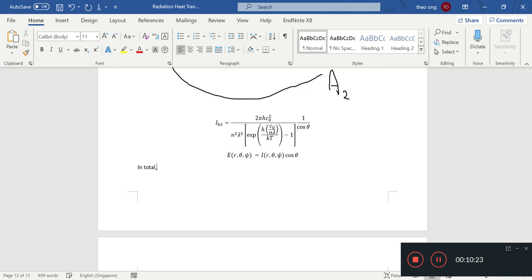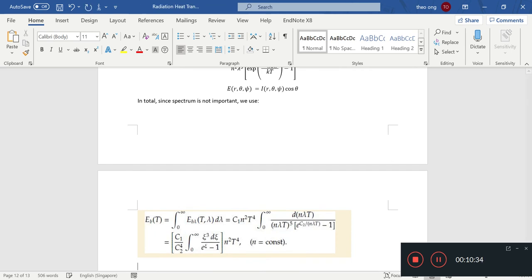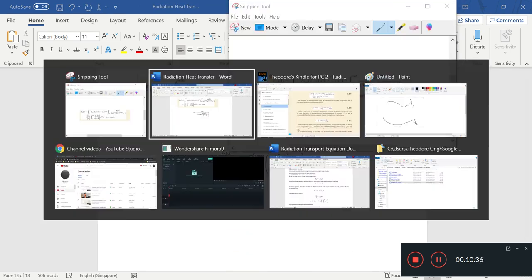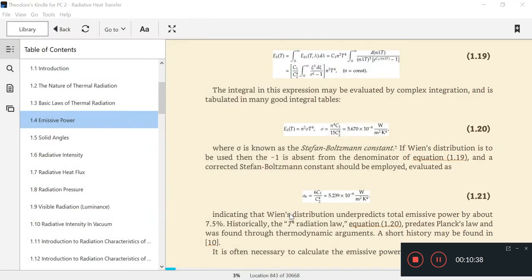In total, since spectrum is not important, we use the entire spectrum, and this will be sigma T to the fourth.